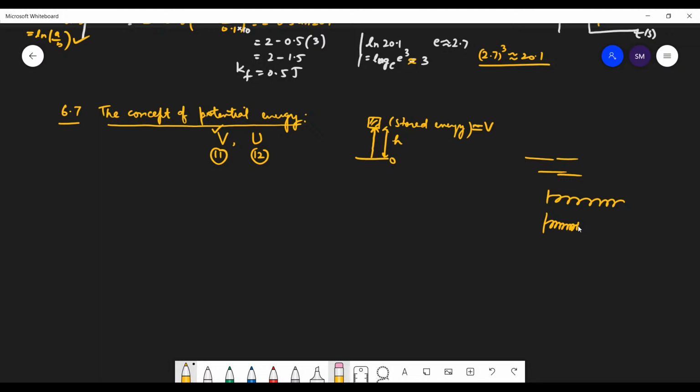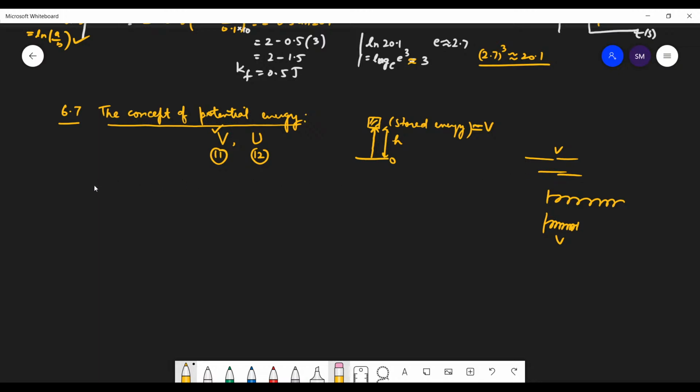If you just leave this spring, it will go back. So here also potential energy is stored in this spring. In fault lines too, potential energy is stored. When you release it, due to this potential energy we have earthquakes when these fault lines readjust themselves.